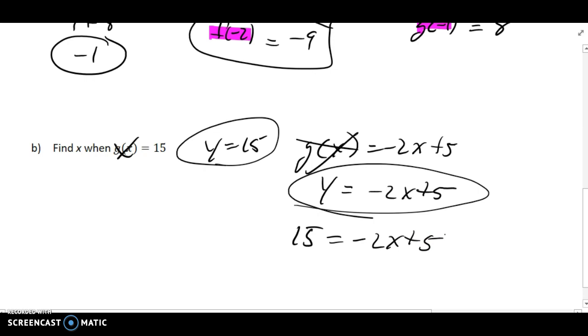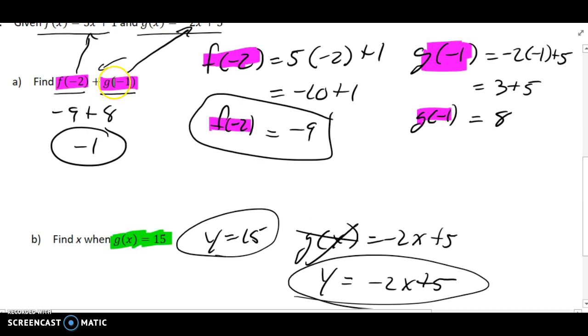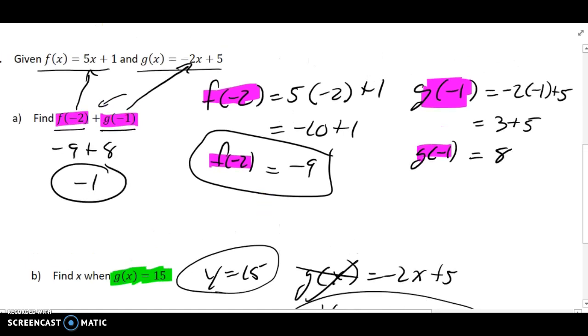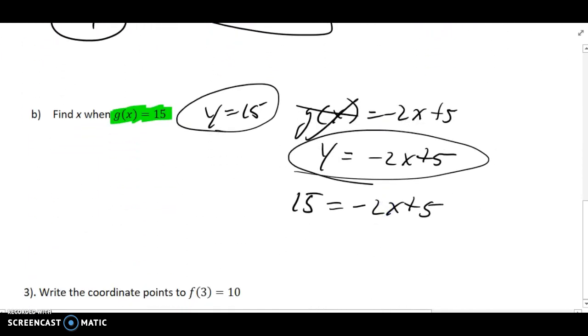So notice how this looks. So let's go back here. I'm going to highlight in green, because notice how this looks. When it looks like this, it's different compared to the purple highlights. Do you see the green highlight and the purple highlight? Completely different. The purple one we're putting in for x. The green one we're changing to y and putting in for y. And then we solve.